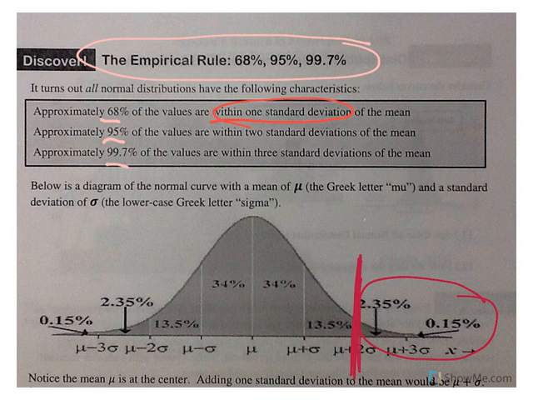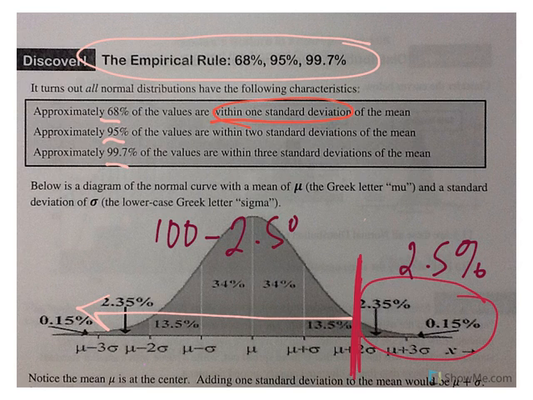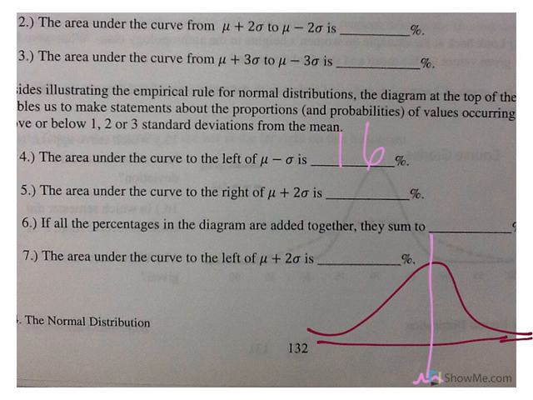Number 7 goes with number 5. In number 5, we found that red circle area to the right. Well, in number 7, it asks what about the area to the left? If I know that the area to the right is 2.5%, then the rest of it would be 100 minus 2.5%, which would be 97.5.